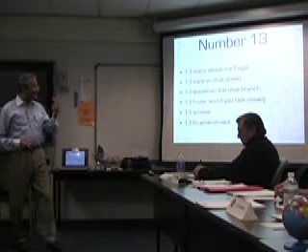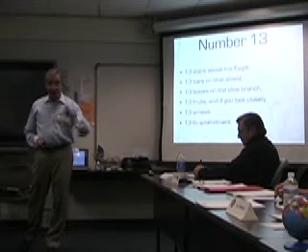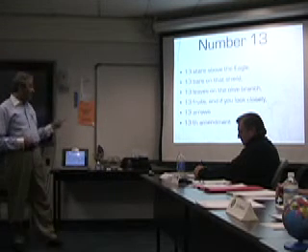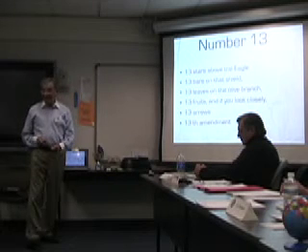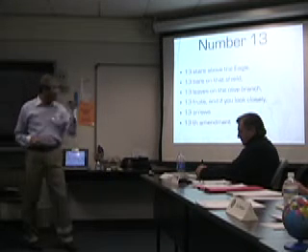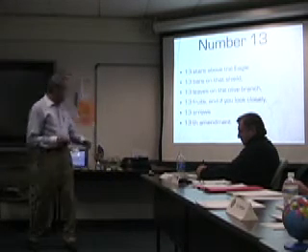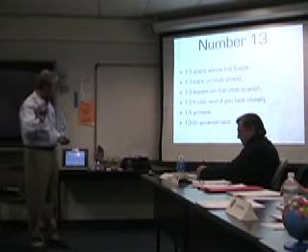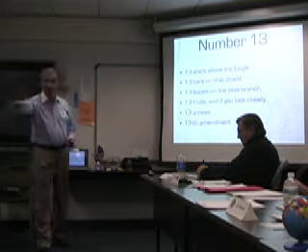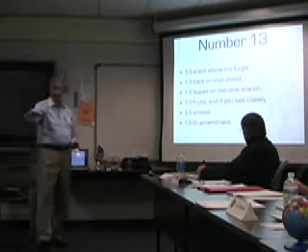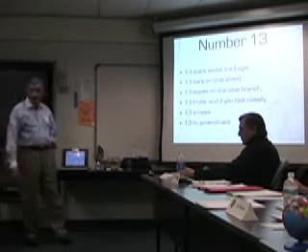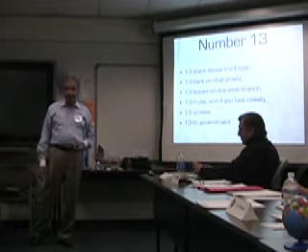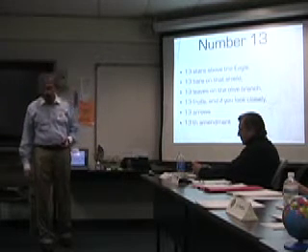There are 13 stars above the eagle. Very interesting, 13 stars above the eagle. There are 13 bars on that shield. There are 13 leaves on the olive branch. There are 13 fruits, if you look closely, 13 little fruits there. There are 13 arrows. Very interesting, right? And of course, we all know we have the 13th Amendment.